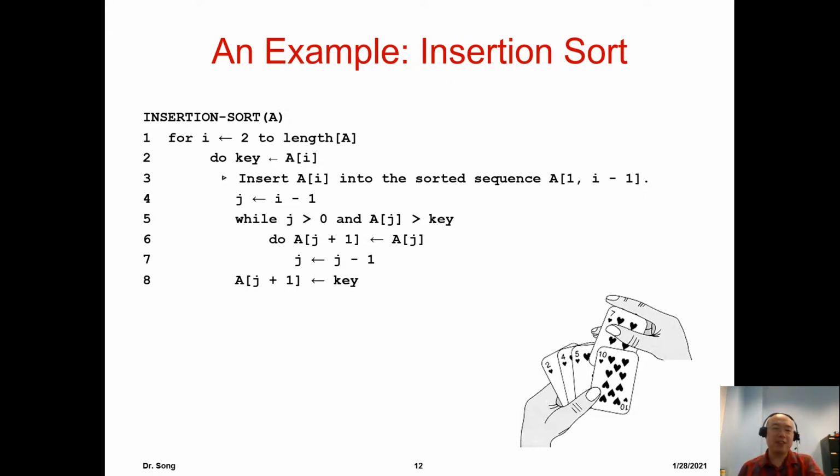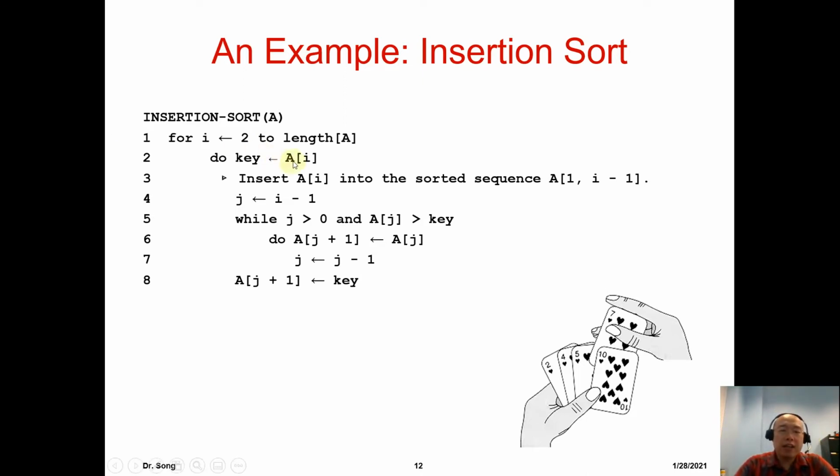And then we are expanding the sorted portion. So we start from only one value. That one value is sorted, and then we set i to be 2. For i as 2, our goal is to have the first two values be sorted. Okay? And how do we do that?